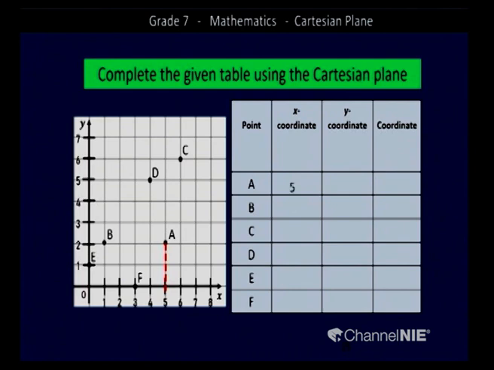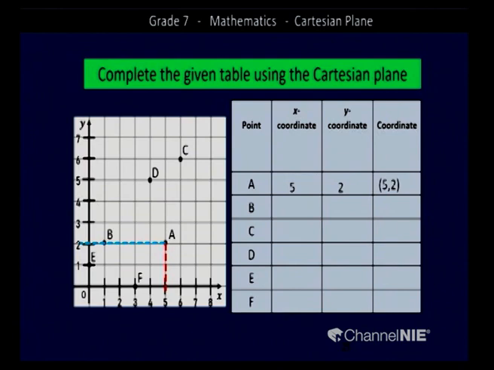Then to get the y coordinate, I have drawn a perpendicular from point A to the y axis, and I can see the perpendicular goes to plus 2. Therefore, the y coordinate is plus 2. So, I can get the coordinates of point A as, first I have to mention the x coordinate, then the y coordinate. So, the coordinates are (5, 2), and you have to mention it within brackets.